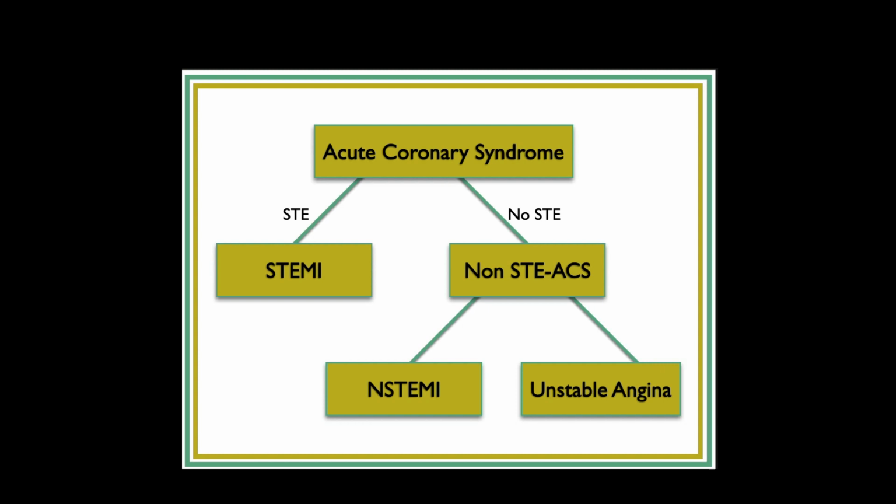Okay, and we've done that. But what happens when we have somebody whose clinical presentation is consistent with ACS, but there is no ST elevation in the 12 lead? So we call that non-ST elevation acute coronary syndrome, or NSTE-ACS. And we can further subdivide it, at least for another few years until they change the subdivisions, into NSTEMI, which is non-ST elevation MI, and unstable angina.